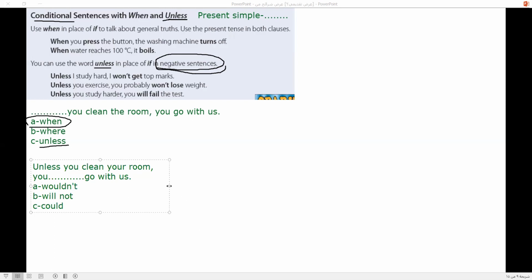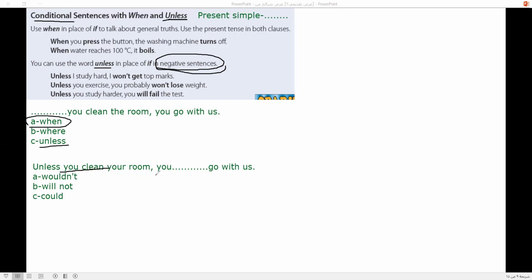What do you think? Unless you clean your room, you go with us. You wouldn't, will not, or could. What do you think? Are you sure, Ilaf? Look at the tense. We said that the unless sentence should be in the present simple.